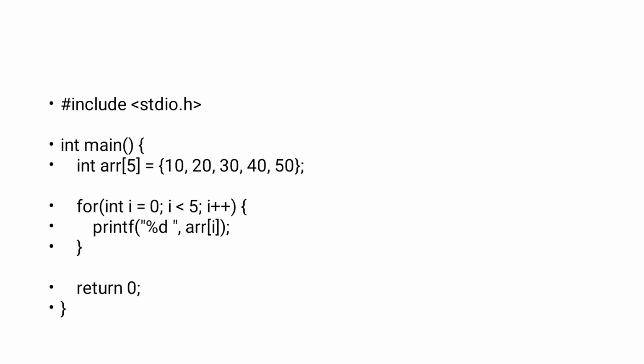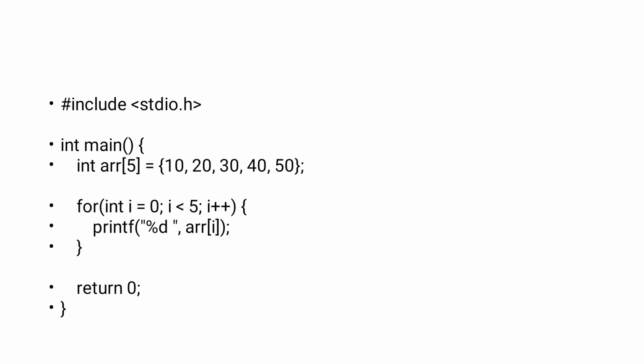Next, an example. Here I have created an array variable. First we start with the library file stdio.h, and inside the main function I have created an integer array for 5 elements, arr[5]. Inside it I am storing 5 integer values: 10, 20, 30, 40, 50.